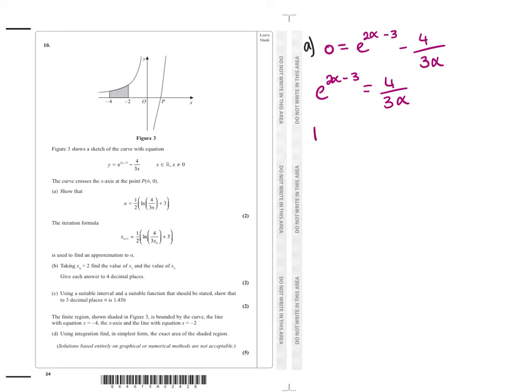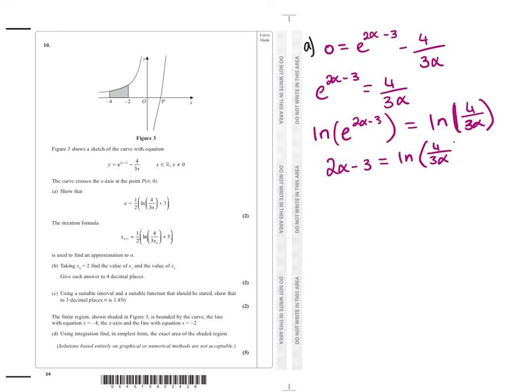So we're going to have ln of e to the 2 alpha minus 3 equals ln of 4 over 3 alpha. Now, a ln and an e are going to cancel to give me 2 alpha minus 3 equals ln of 4 over 3 alpha.